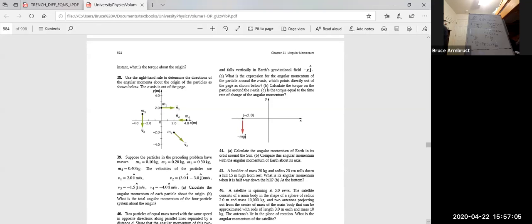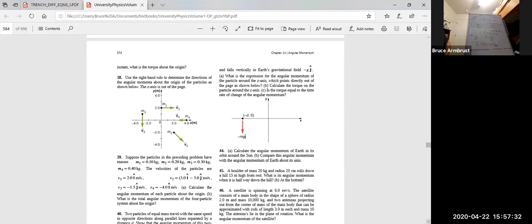I don't think I'm going to do both of them because they're pretty similar. Actually, we'll do both, because in 39 we're actually calculating, and in 38 we're just looking at what directions these things are going.